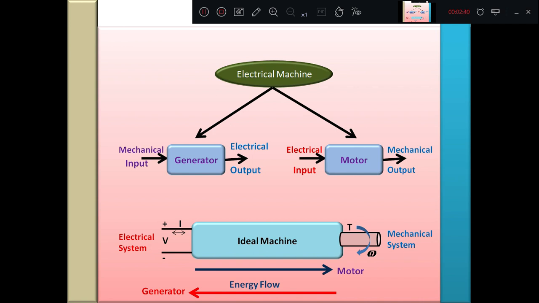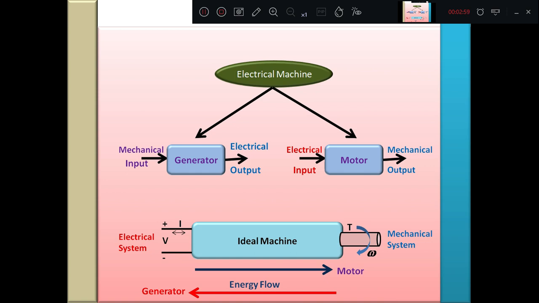I told you the electrical machines are categorized into generator and motor. The generator converts a mechanical input into electrical output. If the machine converts electrical energy into mechanical energy, we call it a motor.